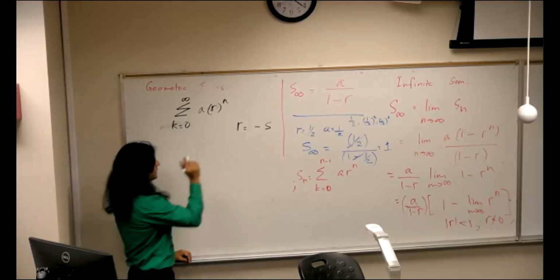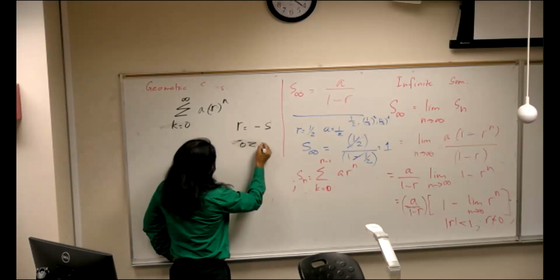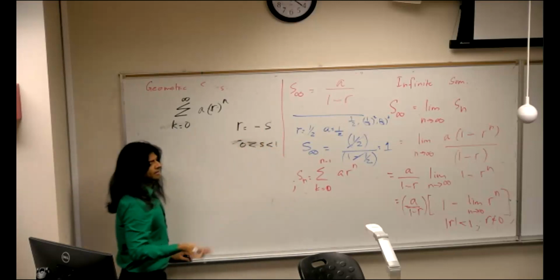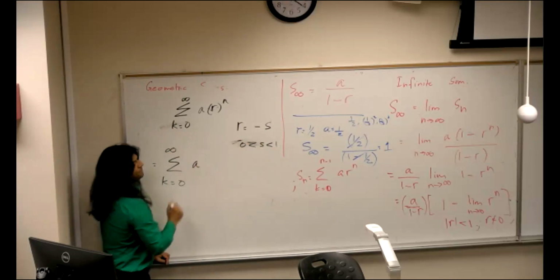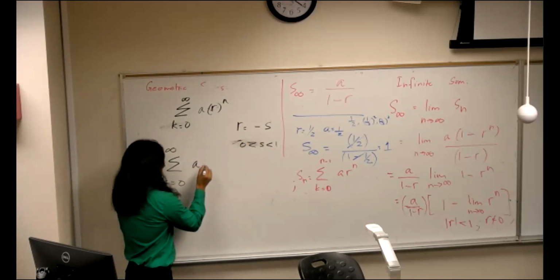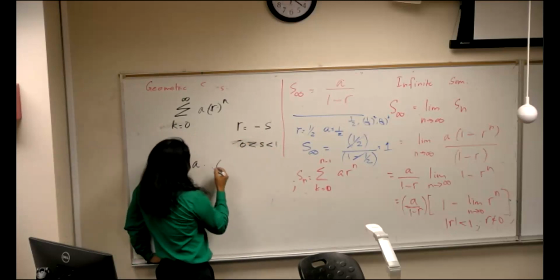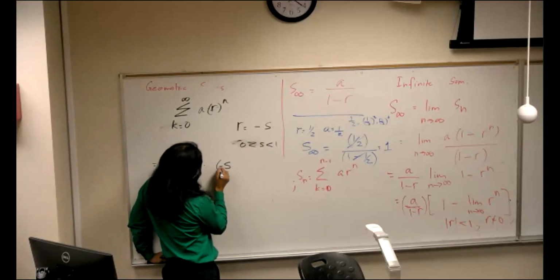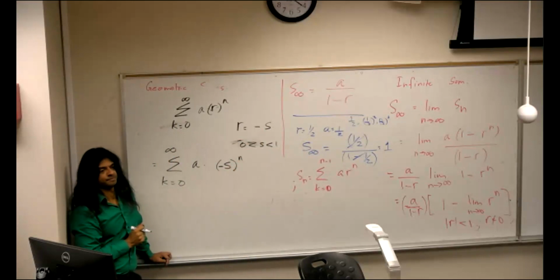Some number where S is between 0 and 1. In other words, S is a proper fraction. I got a negative number. A times the r raised n part, I can write it as negative S raised n. Good.